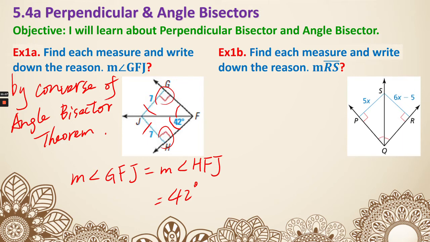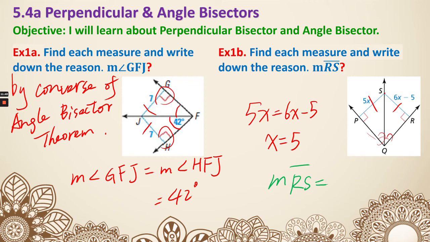Next, 1b. We can clearly see the angles are being labeled as the same, so that is an angle bisector, which means the point on the angle bisector is the same distance to these two sides. So 5x equals 6x minus 5, after solving, x equals 5. We're not done. The question is asking for the measurement of RS, which is right here.